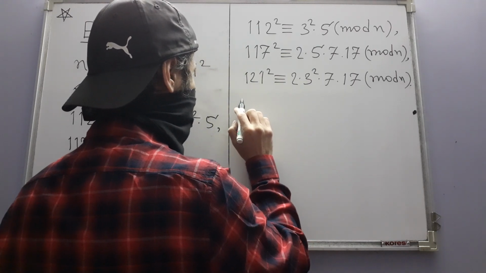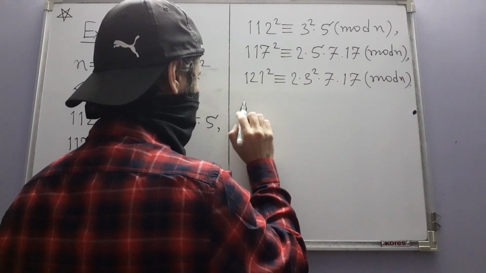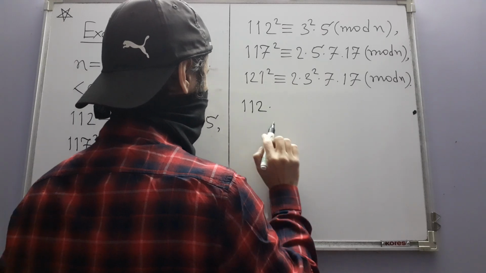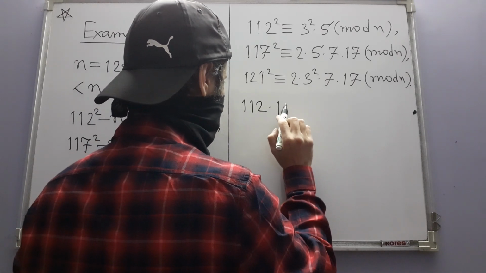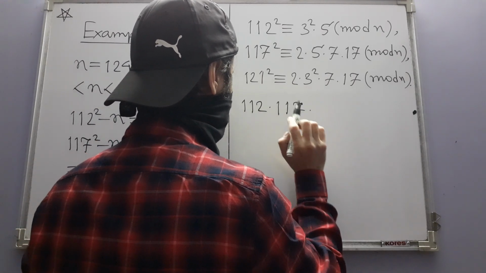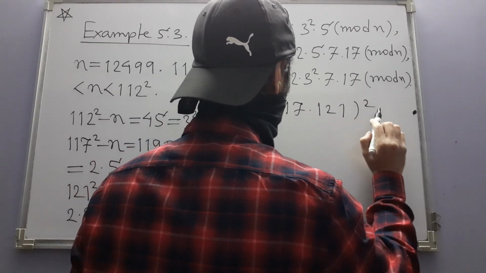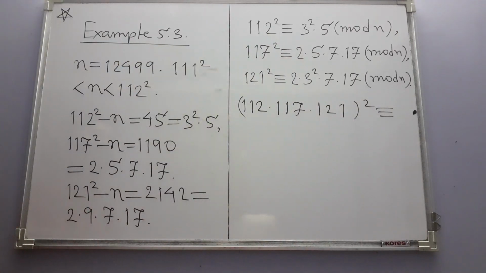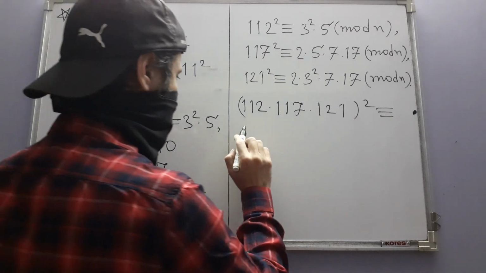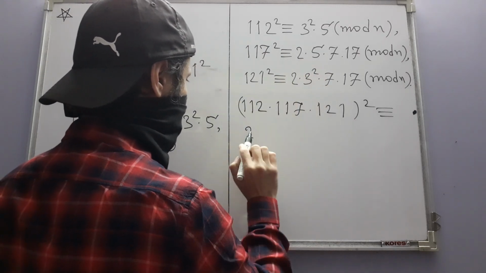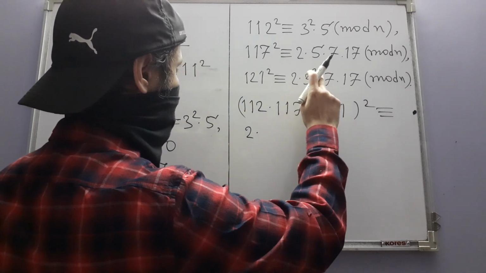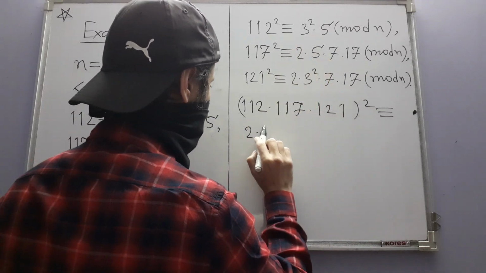So if you multiply these congruences, you are going to get 112 times 117 times 121 square is going to be congruent to, we have 2 2's, so we write 2 square. How many 3's? 4 3's.